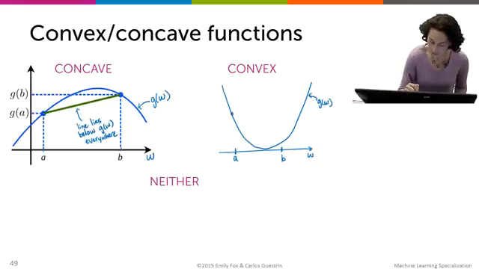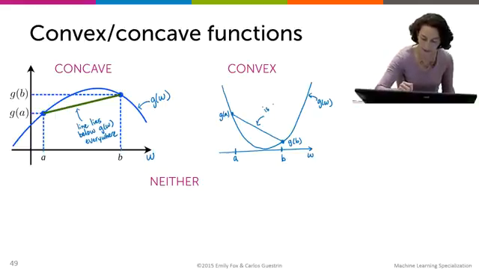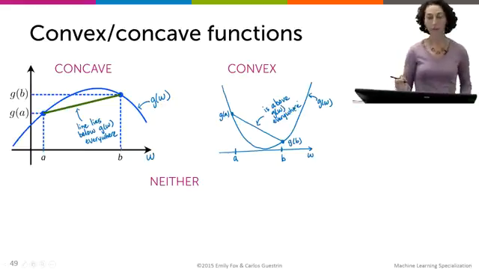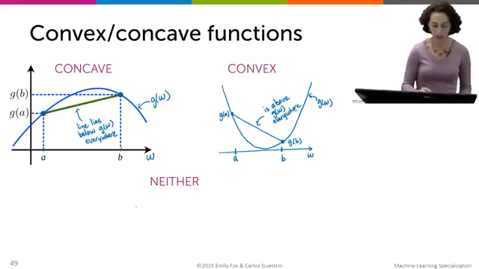If I go and connect g of a with g of b with just a line, then this line is above g of w everywhere. Okay, so that's the very intuitive geometric definition of what a concave or convex function is.